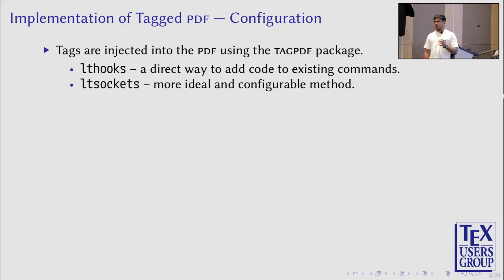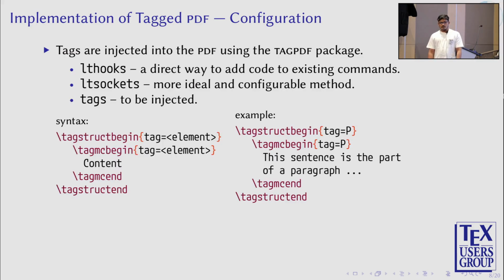We can inject different tags in different areas. If we need to inject different tags in the same element, we can just use the sockets with different plugs. These are the tags which we need to inject.